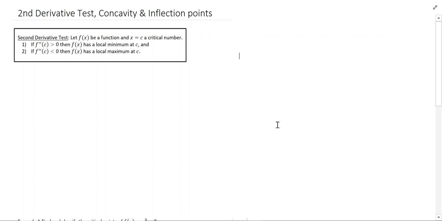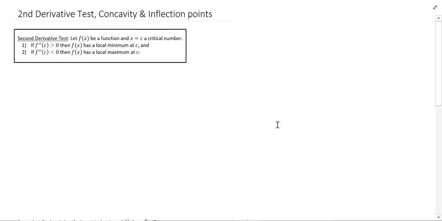First statement says if you're at a critical number and the second derivative is positive, then you have a local minimum at c. The other statement is if you're at a critical number and the second derivative is negative, then you have a local maximum at x equals c. Let me jump into an example of this test, showing how this test can be used.